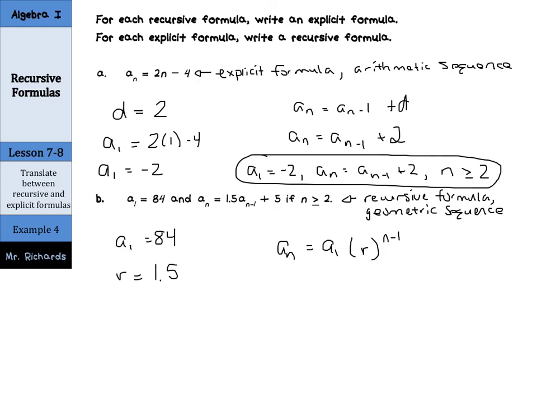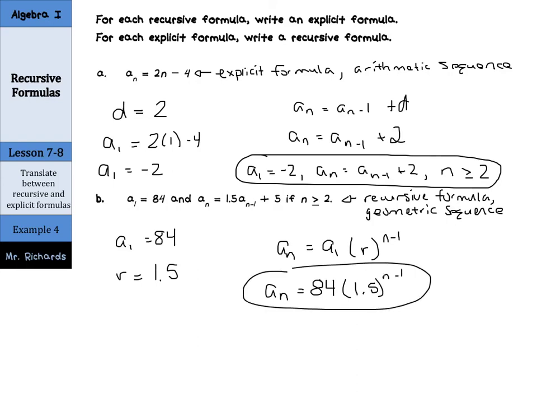And so now we just need to make our substitution in. a(n) is going to equal our first term, 84, multiplied by 1 5/10, or 1.5, to the n minus 1 power. And that is it for this lesson on recursive formulas, and it is also our last lesson in Chapter 7. Good luck.